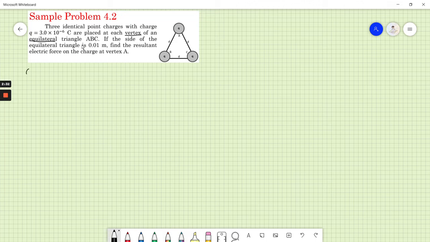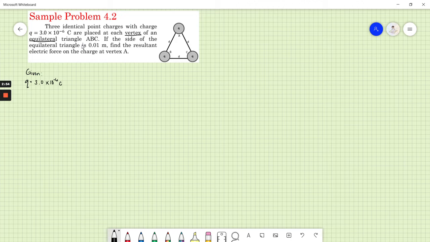So let's start writing our given. First, we know that all our charges are equal, and the magnitude of charge is 3.0 times 10 raised to negative 6 coulombs. All of these charges are placed at the vertices or corners of our triangle.